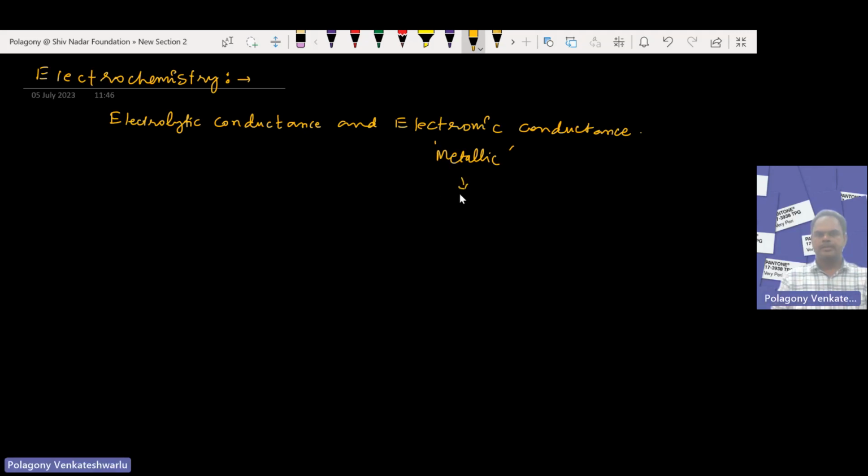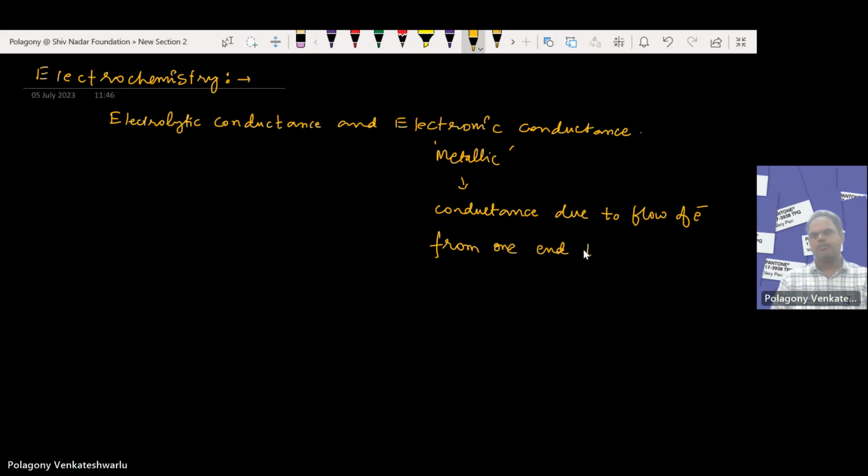Metallic conductance is due to the flow of electrons through the conductor, from one end to another end of the conductor.